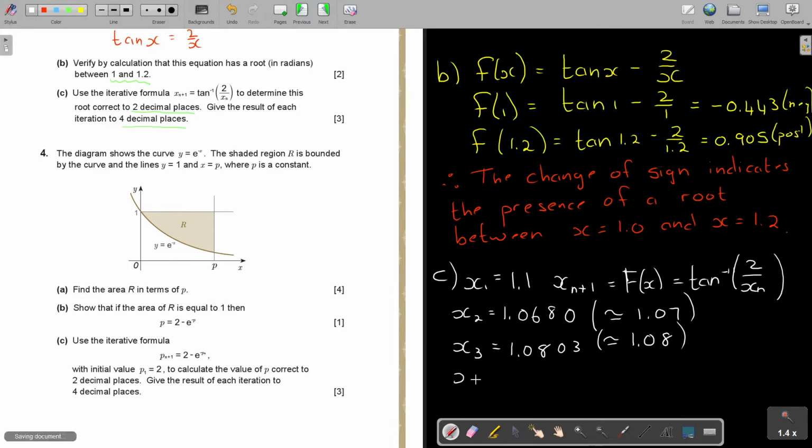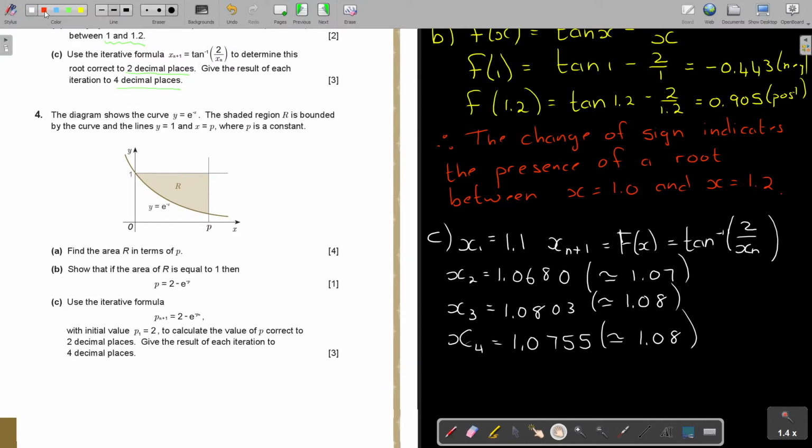And then x4, oh, let's just get it correct. That is going to be 1.0755. If I approximate it, it's 1.08. And then I just end, but this is a very nice question.